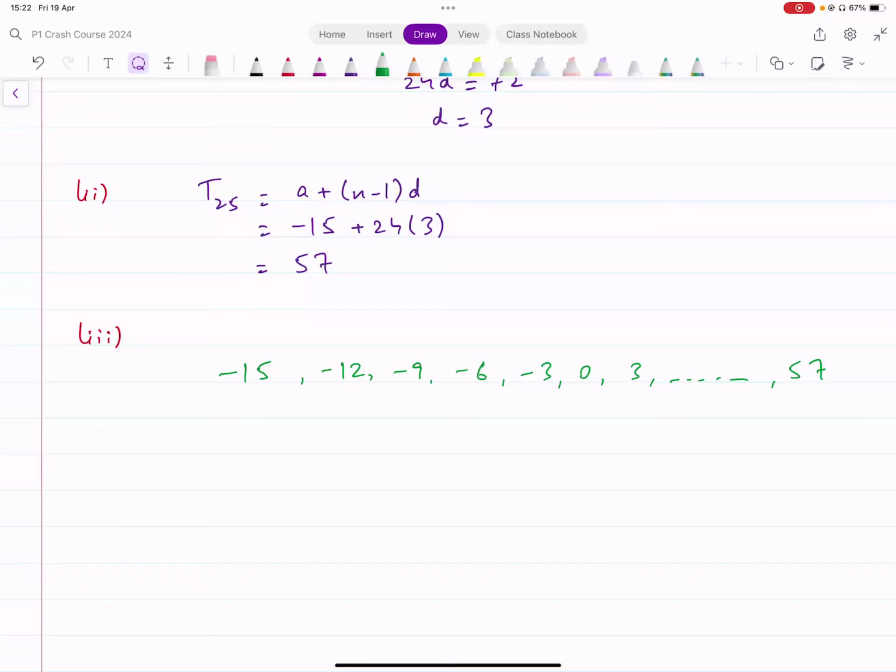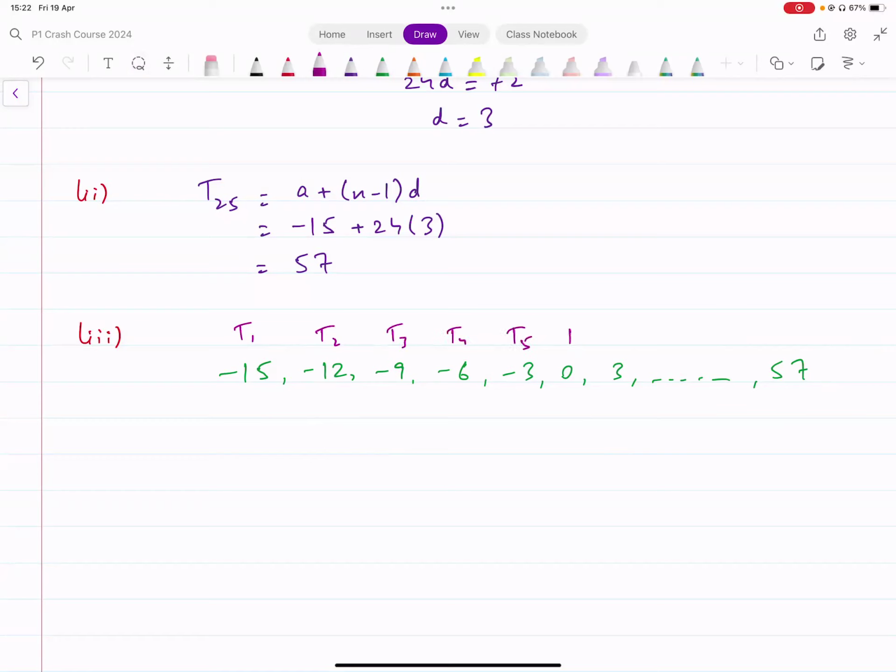So we do not need the sum of the negative terms. We only need the sum of the positive terms. The first term is this, then you have T2, T3, T4, T5, T6, and so on, all the way up to T25. We only need to find the sum of these terms.